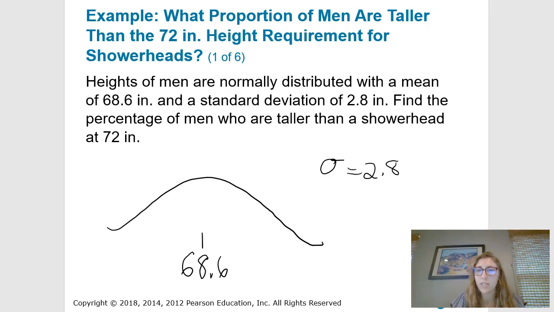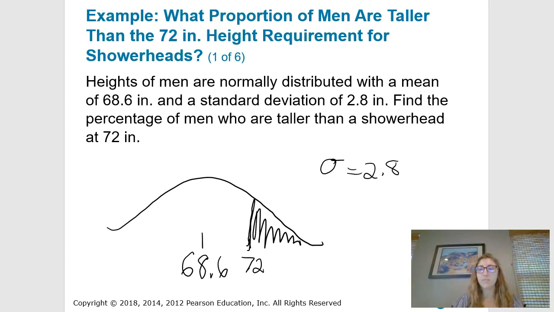All right, so we want the percentage of men who are taller than a shower head at 72 inches. So we're plotting our 72 inches. Okay, and now should I be shading to the right or to the left? To the right, because we want taller than 72.